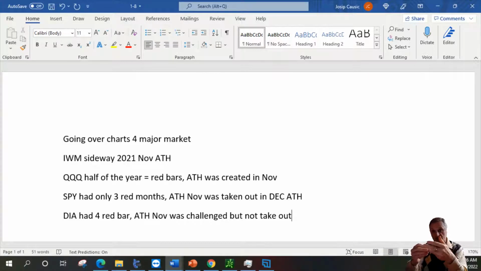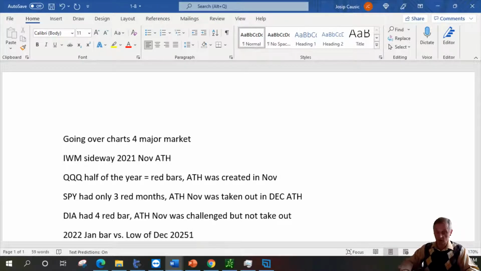I'm going to proceed now to look at the 2022 January bar, and I know this shows up as a monthly, but in reality it represents the week in relationship with the low of the December 2021 bar.